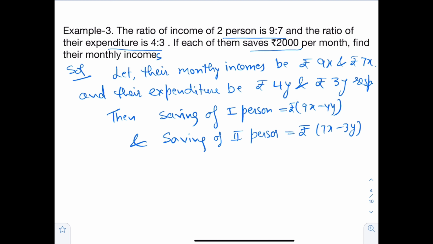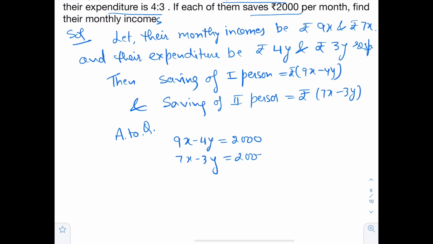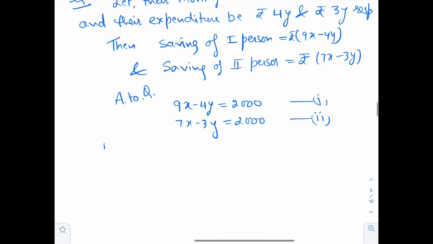And according to question, both are equal to 2000 rupees. So 9x minus 4y equal to 2000, and 7x minus 3y, this is also equal to 2000. So this is equation number 1 and this is equation number 2.